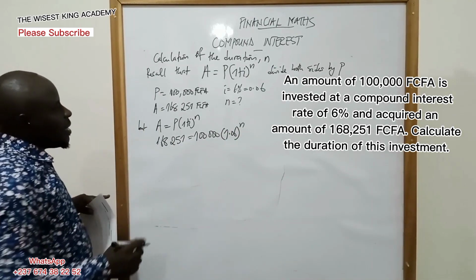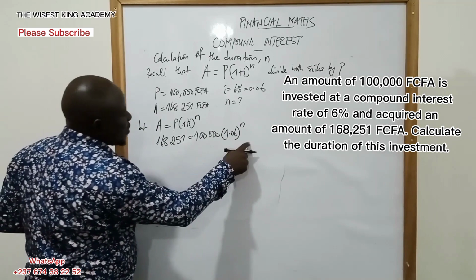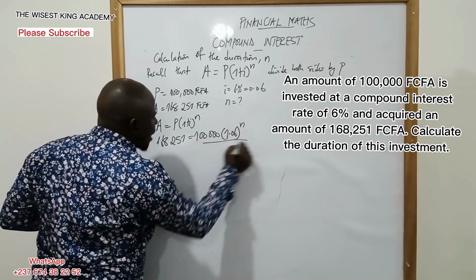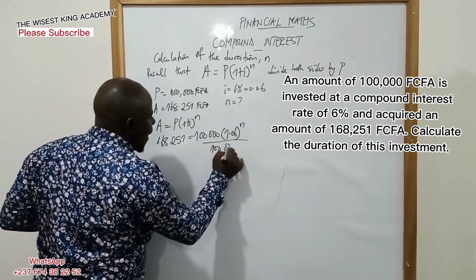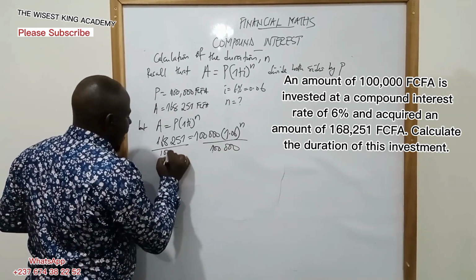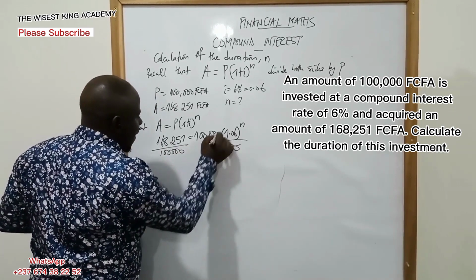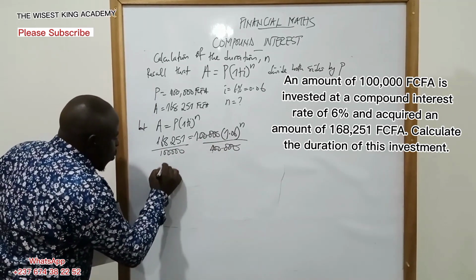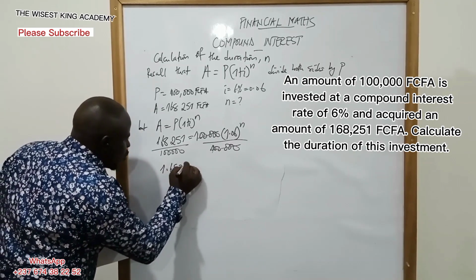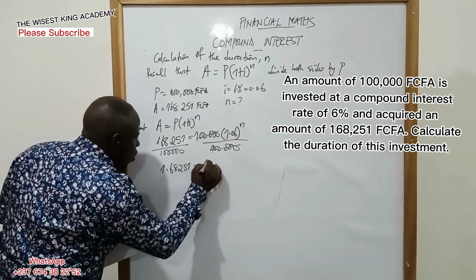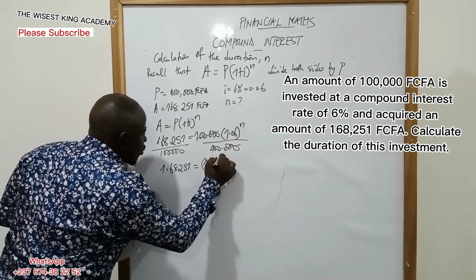What is the first step? Divide both sides by P. So if I divide both sides by 100,000, I'm going to have 1.68251 equals 1.06 raised to the power n.